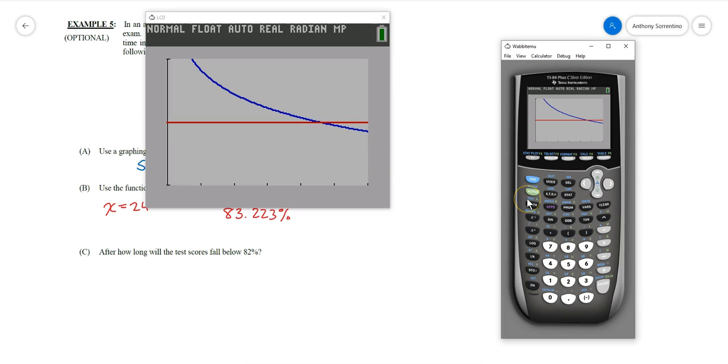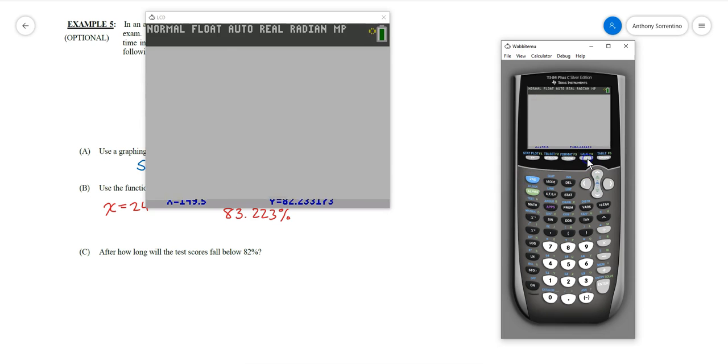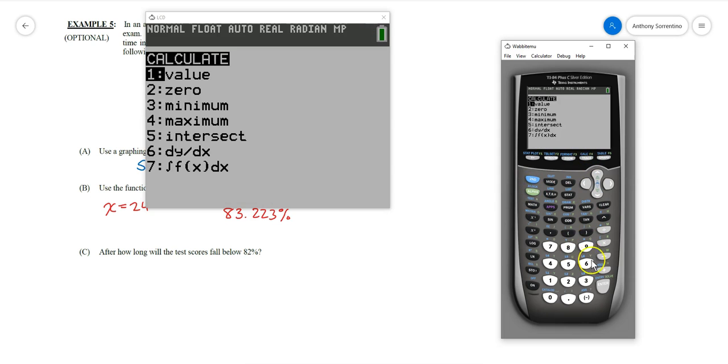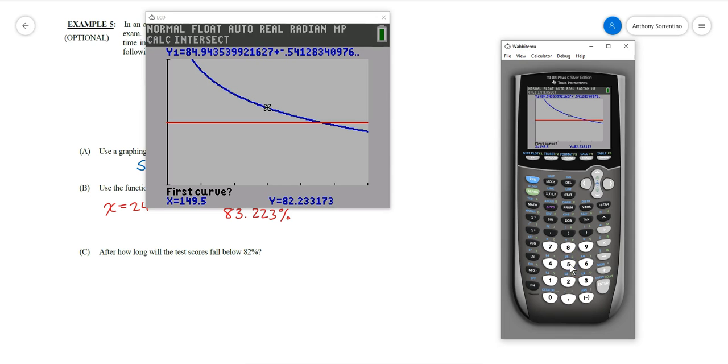So now, what I'm going to do is go to my calc menu. Now it's going to ask. Okay, there we go. I'm looking for the intersection between these two lines, so it's going to first put me on the blue curve at y1.